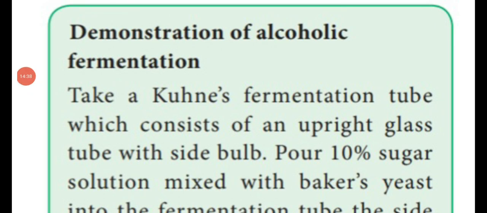Dear students, next we are going to see an important 5-mark question and a 3-mark question. Demonstration of alcoholic fermentation or anaerobic respiration. This process was proved by a scientist named Kuhne, so this is known as Kuhne's fermentation. In this experiment, the apparatus consists of an upright, that means straight, glass tube with a wide bulb.